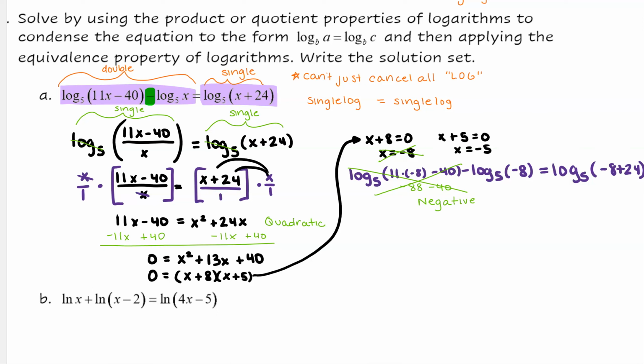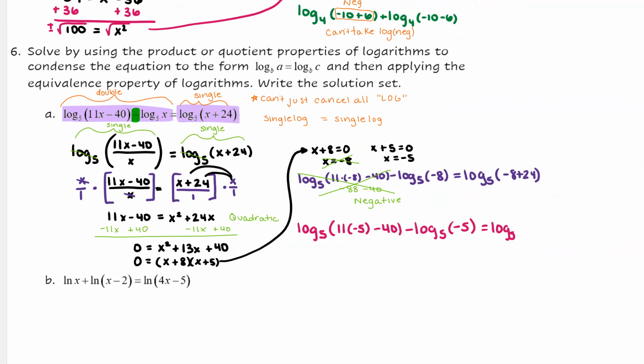Let's try x equals negative 5. So I have log base 5 of 11 times negative 5 minus 40, minus log base 5 of negative 5 equals log base 5 of negative 5 plus 24.